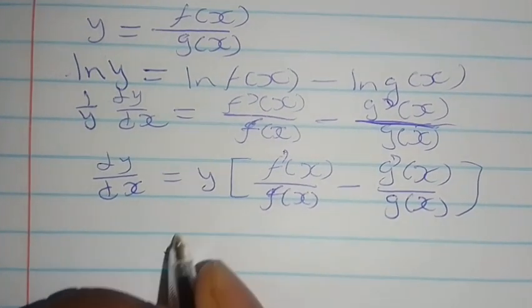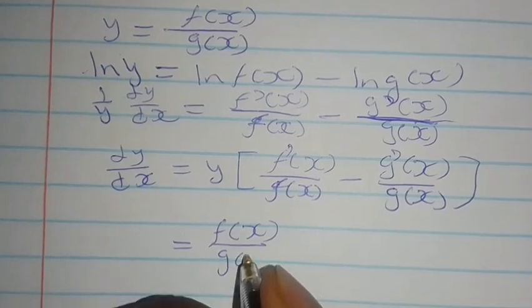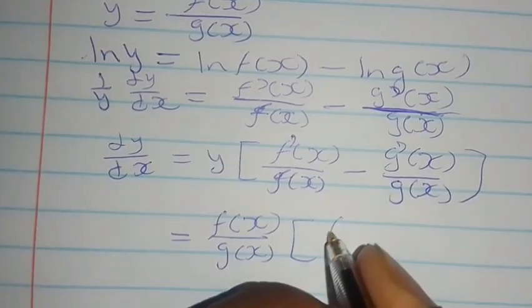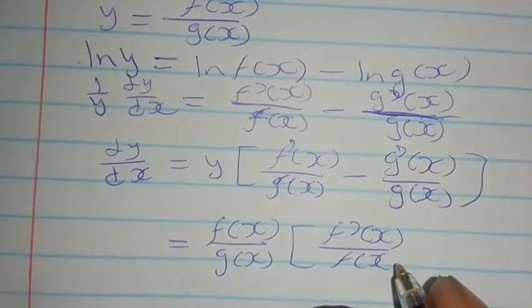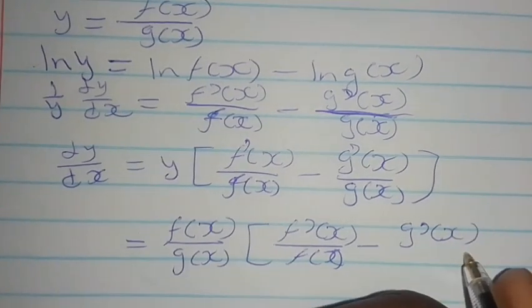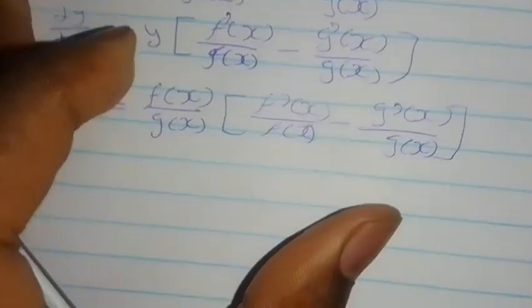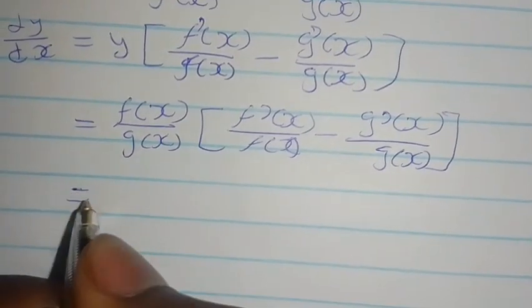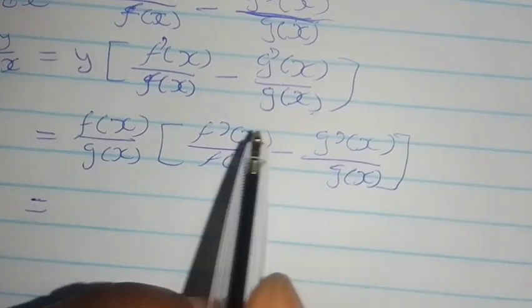But then y is equal to f of x divided by g of x. Then you'll have something like this: f prime of x divided by f of x minus g prime of x divided by g of x. Now if you try to simplify this, you'll have to cross multiply.